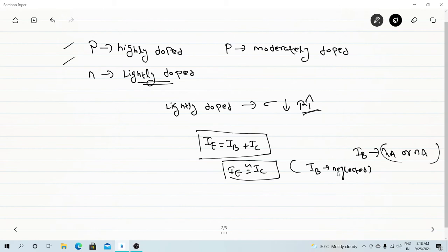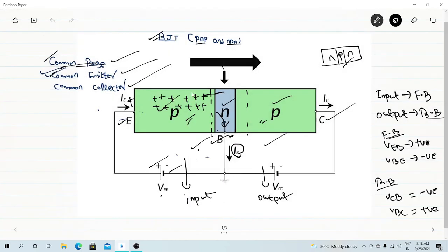Okay, so another thing we can see from the block diagram. These are the majority carriers which are going from this side to this side.